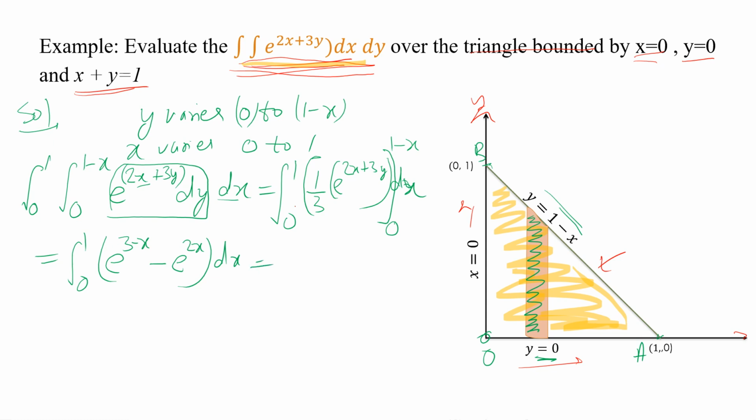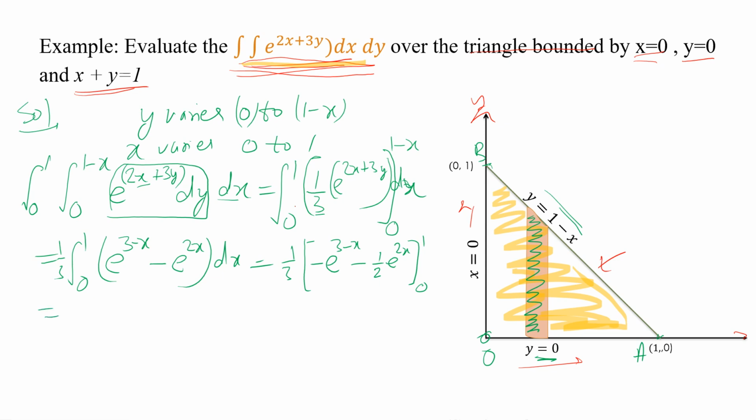Now take the integration with respect to x here. So you get 1 by 3, minus e raised to power 3 minus x minus 1 by 2 e raised to power 2x. Apply the limit 0 to 1.